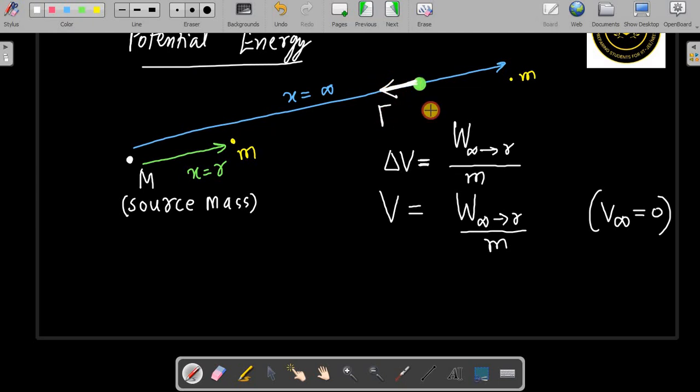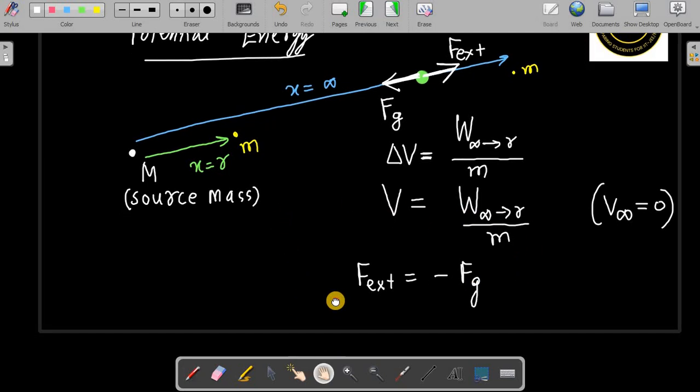You have to bring it gradually or slowly, so you need to keep an external force in this direction, opposite to the gravitational force, otherwise it may accelerate. You don't want to accelerate the particle, so the force you apply is minus of the gravitational force.